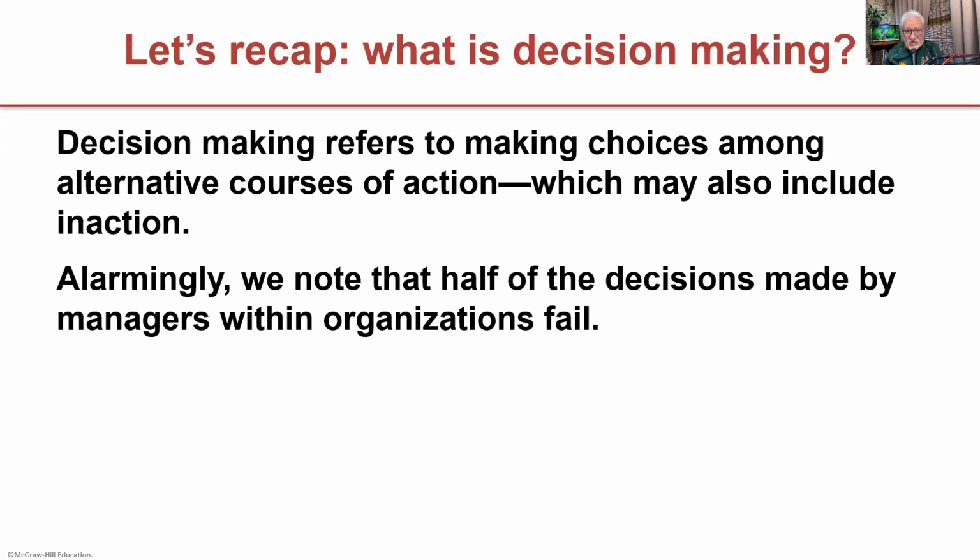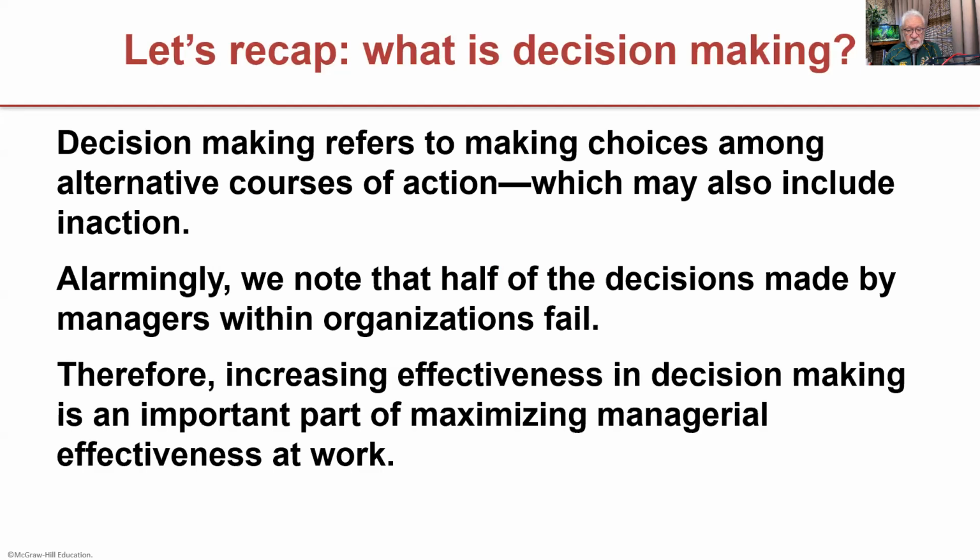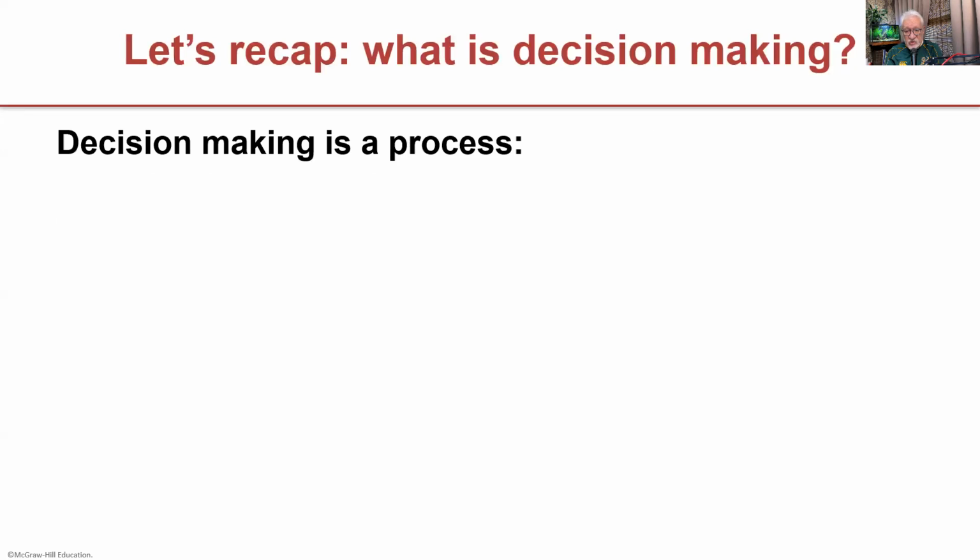Half of the decisions made by managers are not good. And it's regarded that 5 out of 10 decisions might in fact be flawed in some other way. So there's an objective that every manager has to contemplate, and that objective is trying to increase the effectiveness of their decision making.